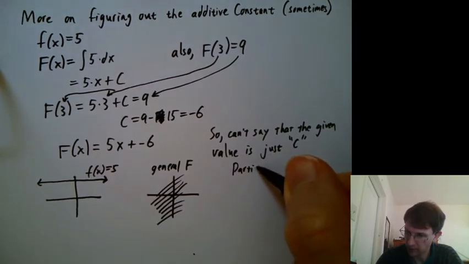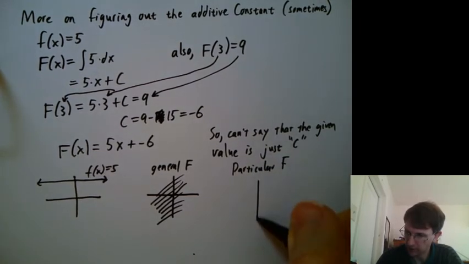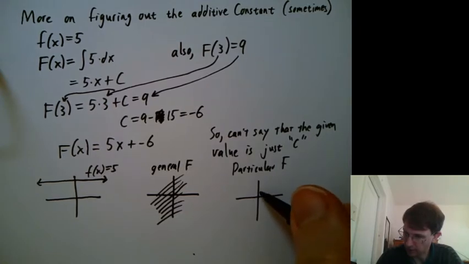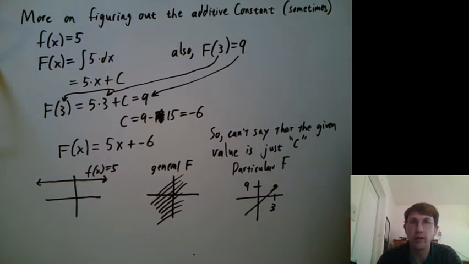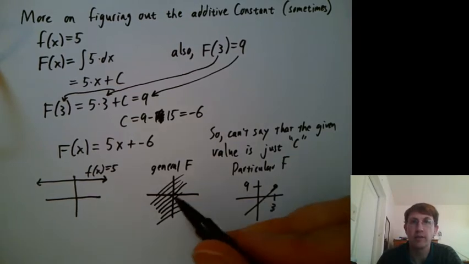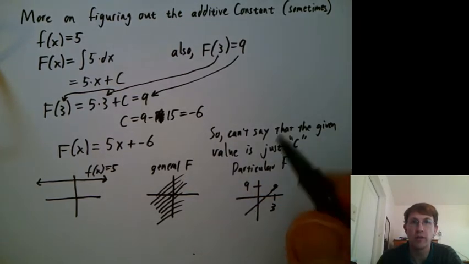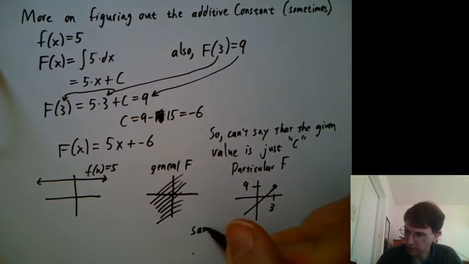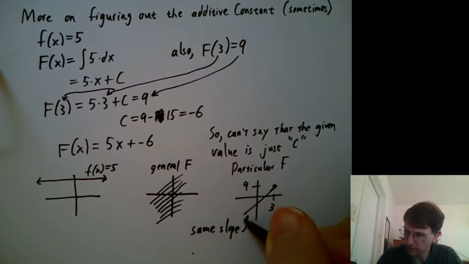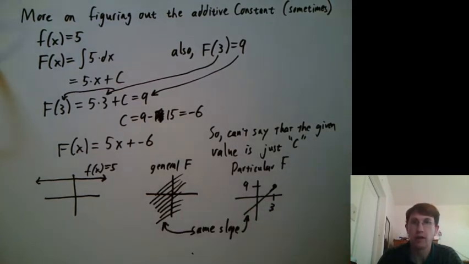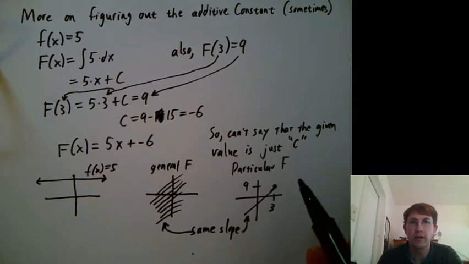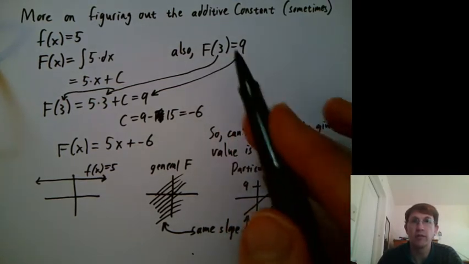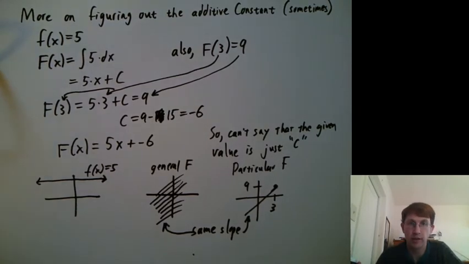So our particular big F was out here at 3 and went through 9, and this line has the same slope. It's kind of just one of those slanted lines. So the value we're given for the function is not always the value that c will end up being.